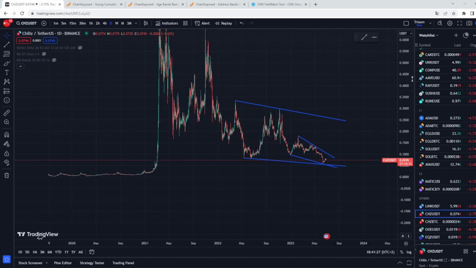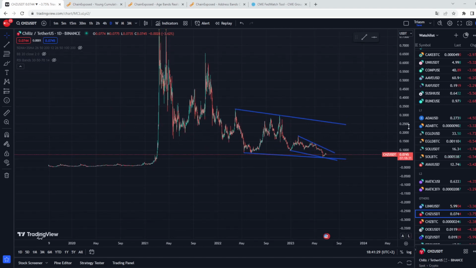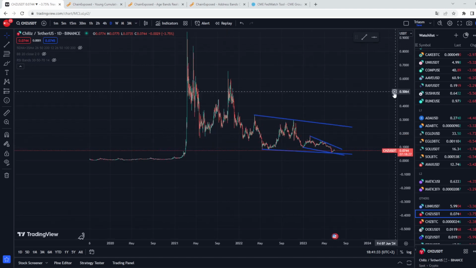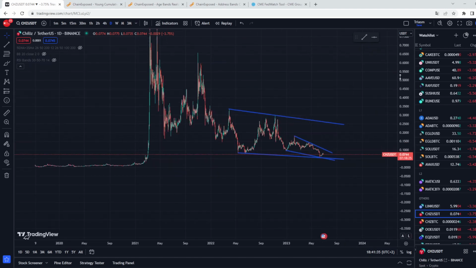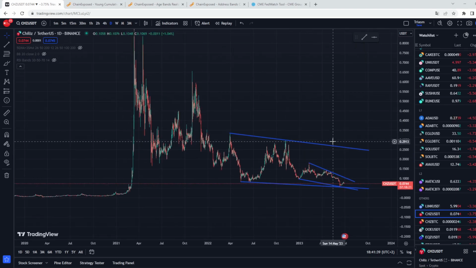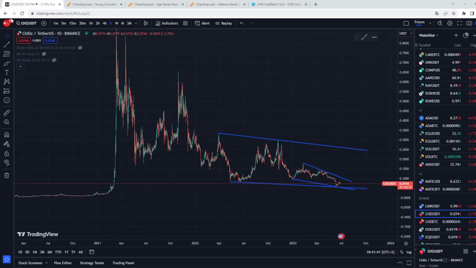So I think that in 20 years, Chiliz will outperform many altcoins, if it manages to stay alive, obviously, on its foundations as well. So we'll see. For today, anyway, this is it.